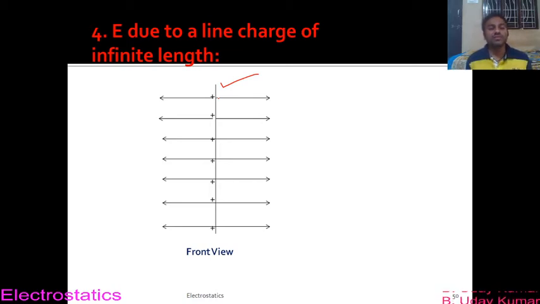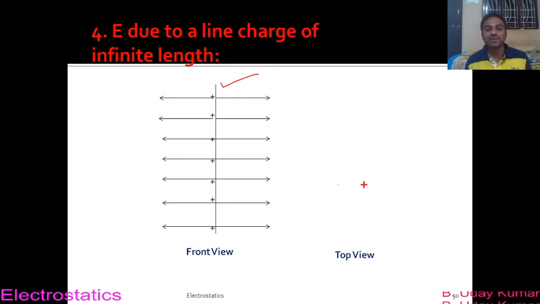If this system of line charge is seen from the top, the top view in terms of electric lines of forces will be seen like this.